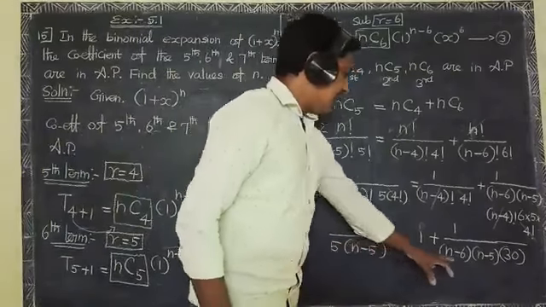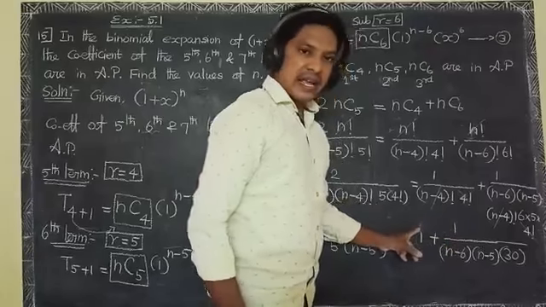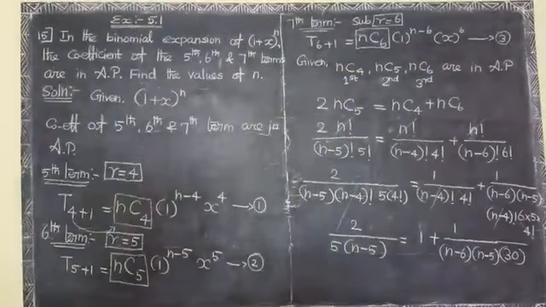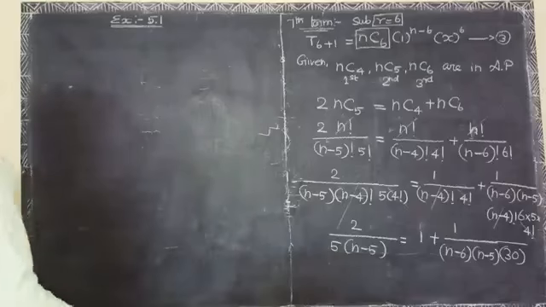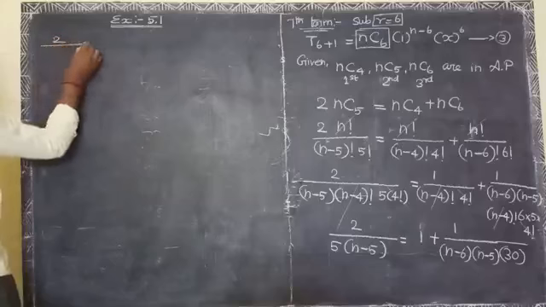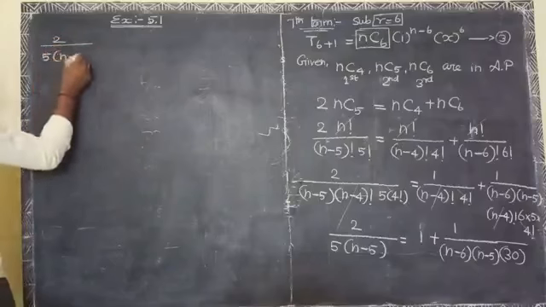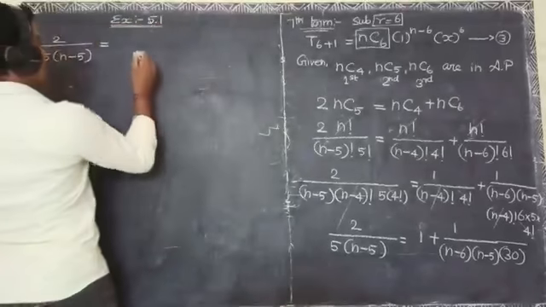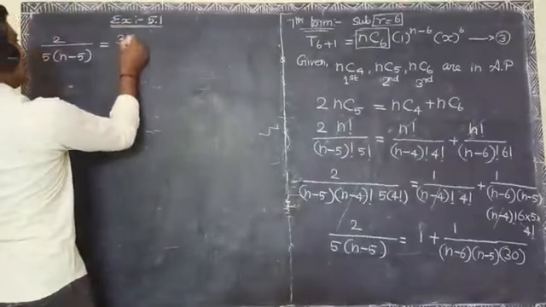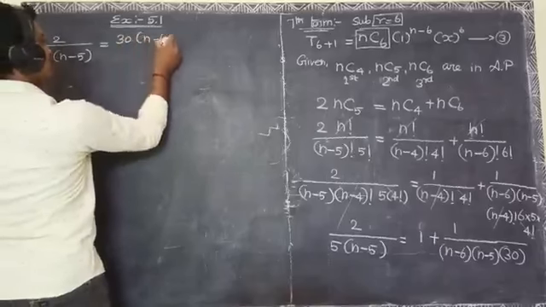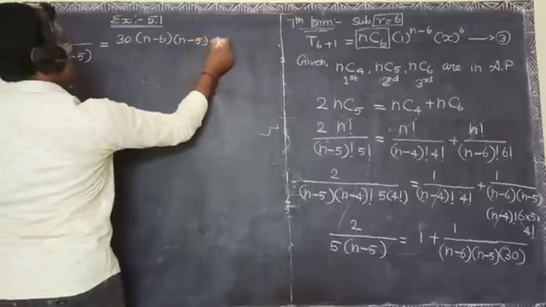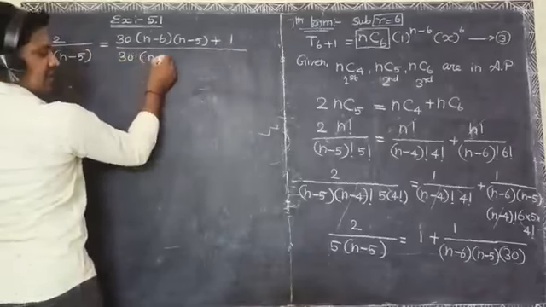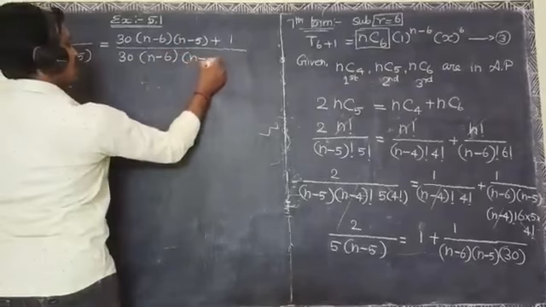Taking LCM, that is using cross multiplication, 2 divided by 5 into (n minus 5) is equal to 30 into (n minus 6)(n minus 5) plus 1 divided by 30 into (n minus 6)(n minus 5).